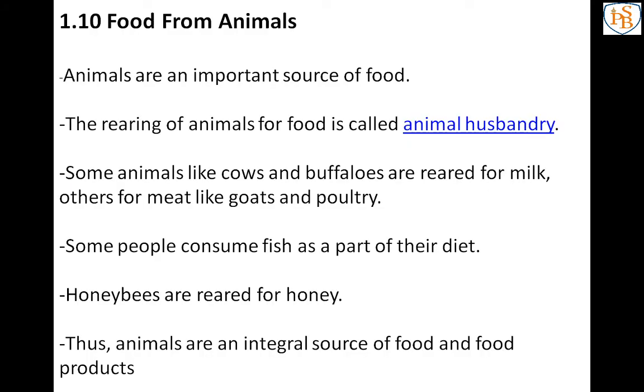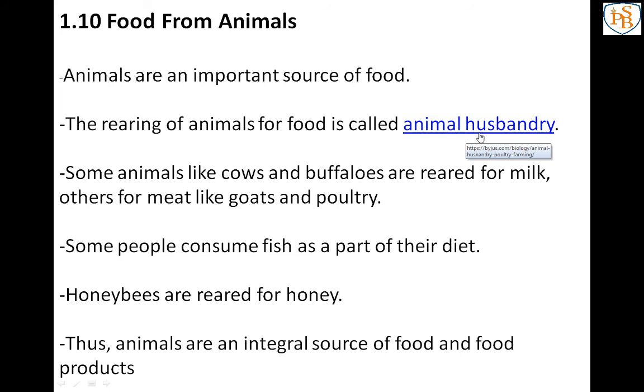And the last point is that we have already learned that agriculture is not only related to plants, it is also related to the rearing of animals. When we are doing farming, we can also rear animals, and when we rear animals for food, that is called animal husbandry.